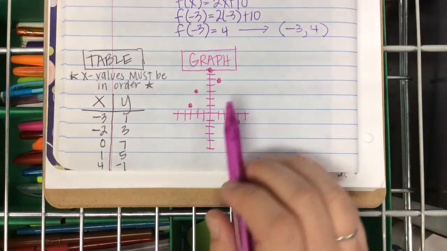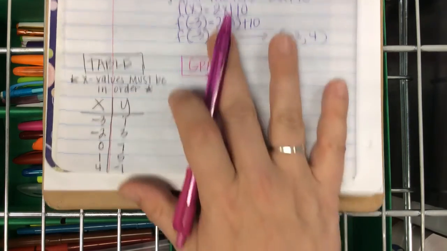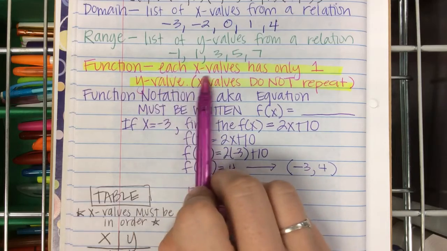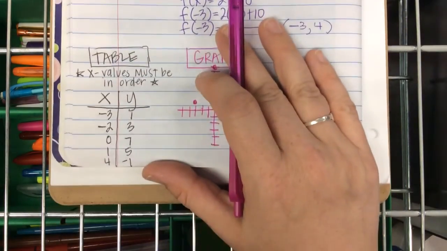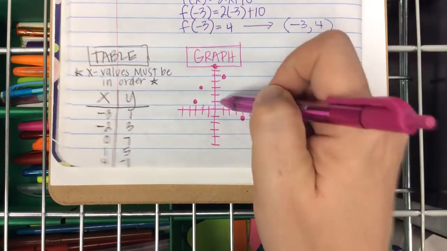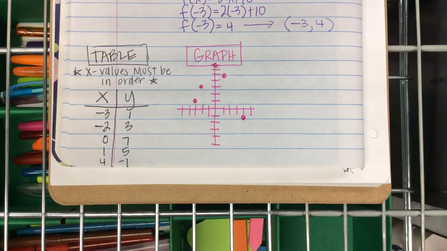Could you tell if it's a function? Can you tell if each x value has only one y value? Yeah, again, you'd have to count. But from a graph, you can also tell if it's a function, what the domain, what the range is, and if it's a function.